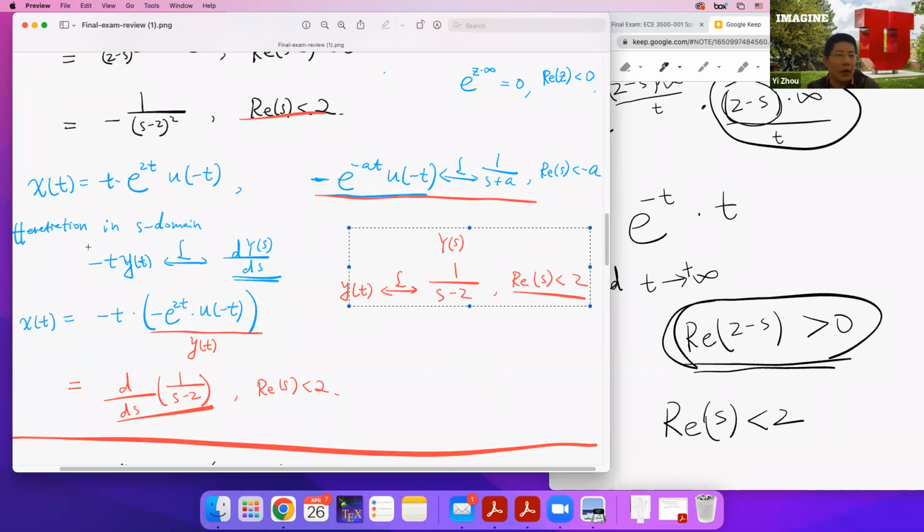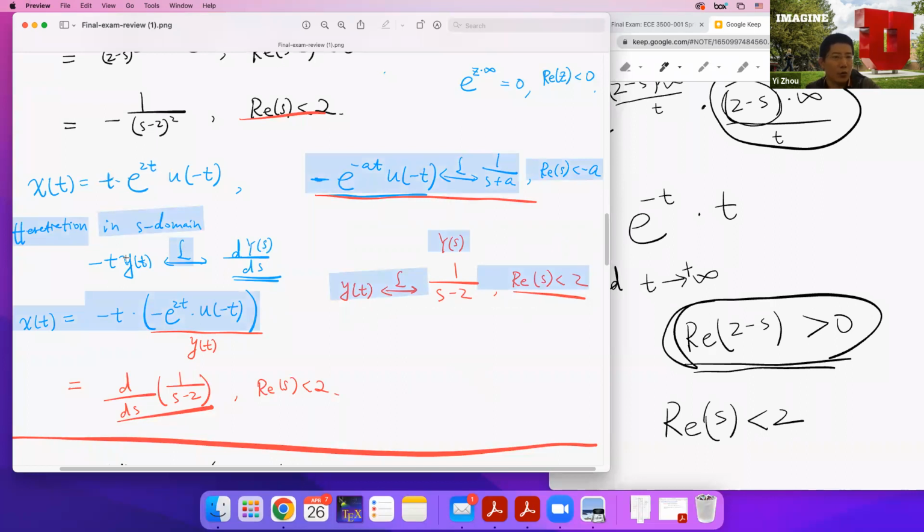Now you want to apply this differentiation in S property onto y(t). This property says that -t times y(t), where y(t) is defined in this way, so it's -t times this y(t) signal, has a corresponding Laplace transform that is the derivative of your original Laplace transform.